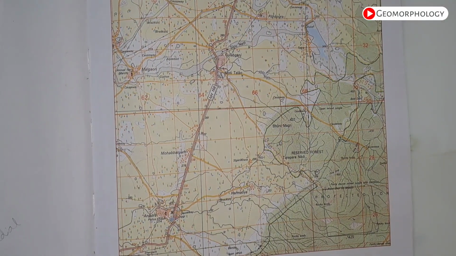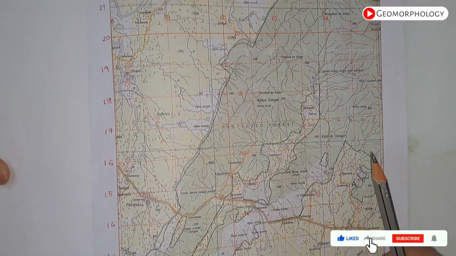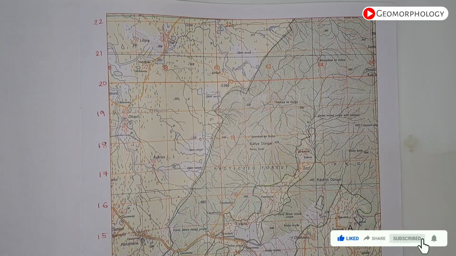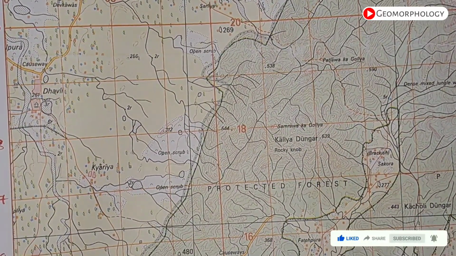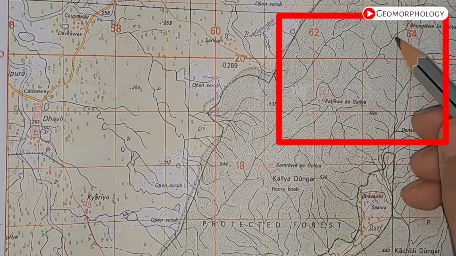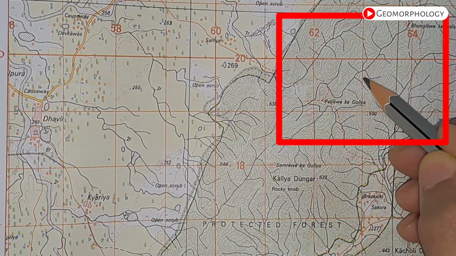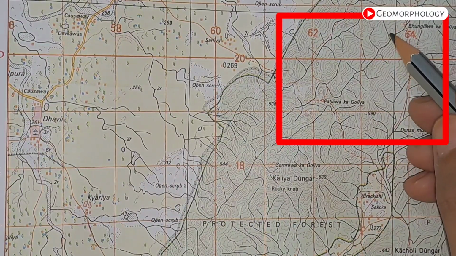Now if we see over here, we'll be able to clearly identify this type of drainage pattern in the topographical map. This is a main river, and you will find the tributaries are joining this main river at right angle.